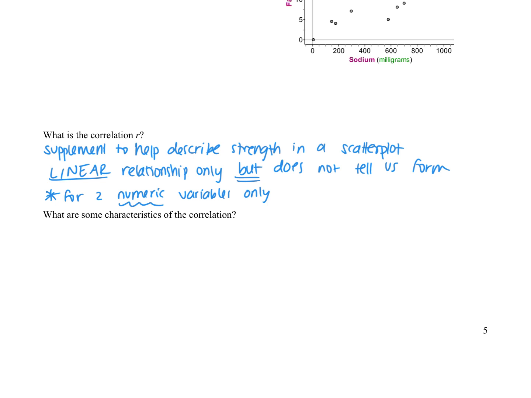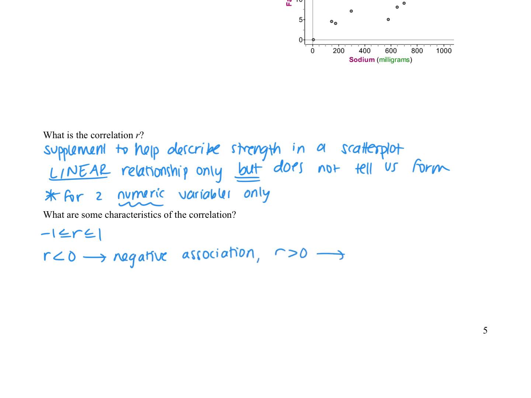Some characteristics of correlation that you read about. The first one is that correlation is always between -1 and +1. And R is the symbol for correlation. If R is less than 0, that is a negative association, so a negative slope.